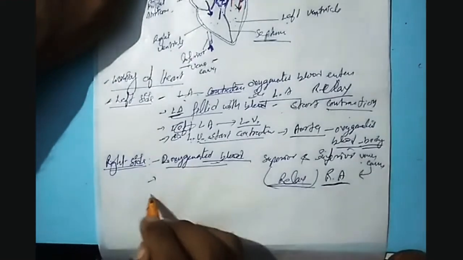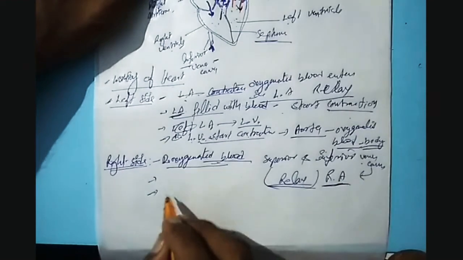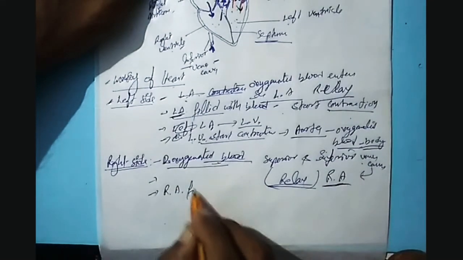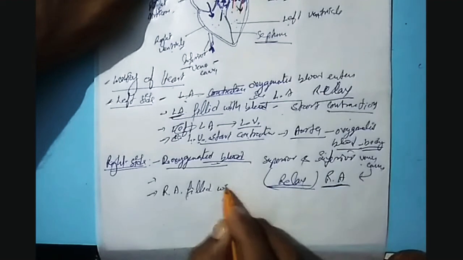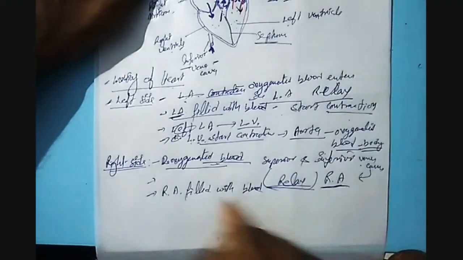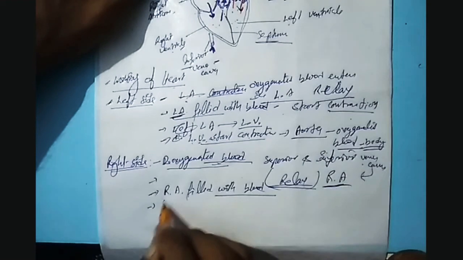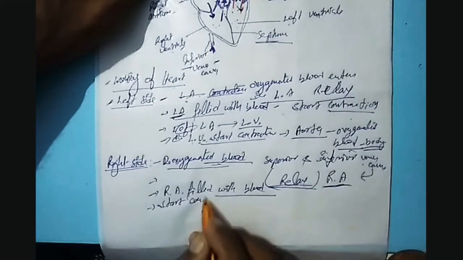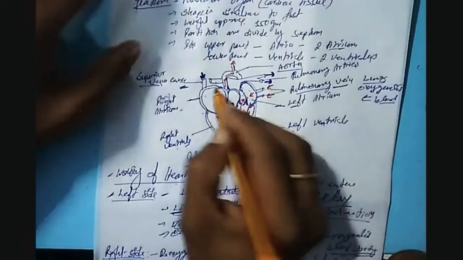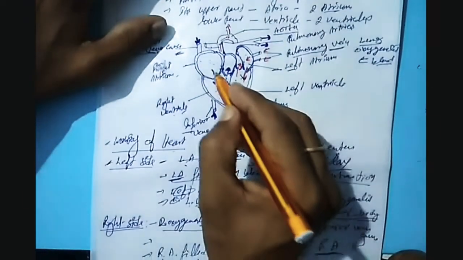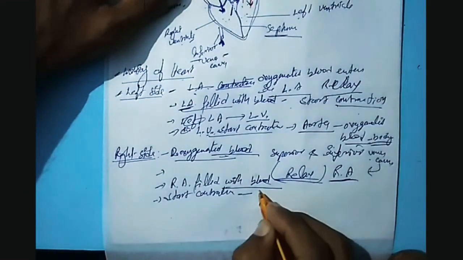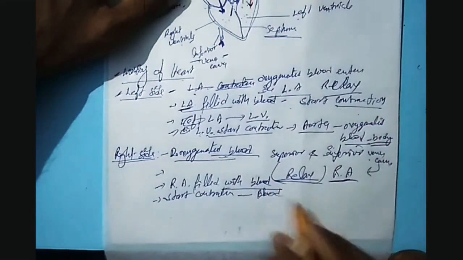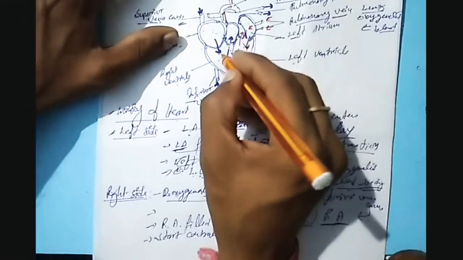Then when the right atrium is filled with blood, it starts contraction. By the contraction, blood moves into the right ventricle.